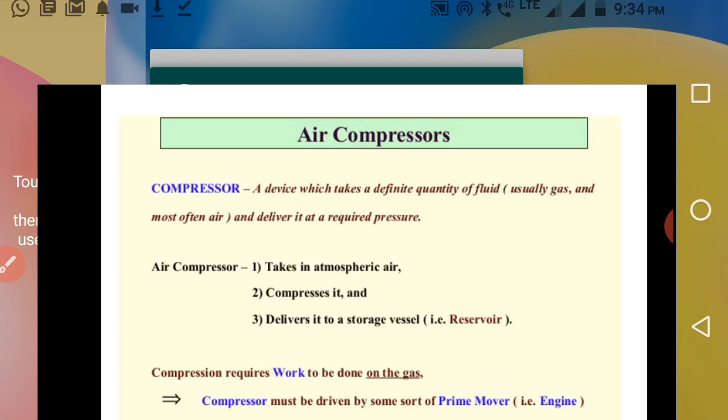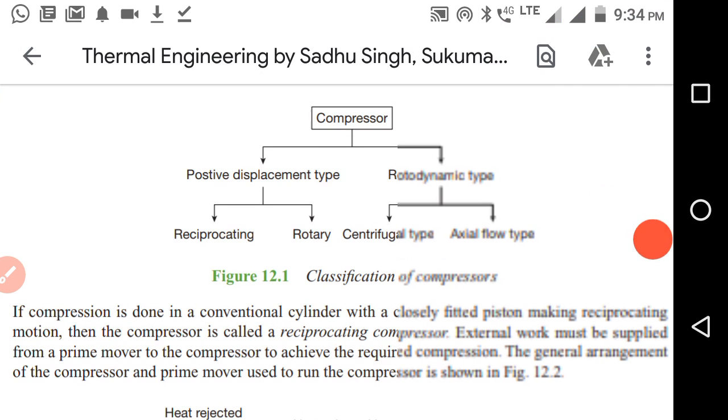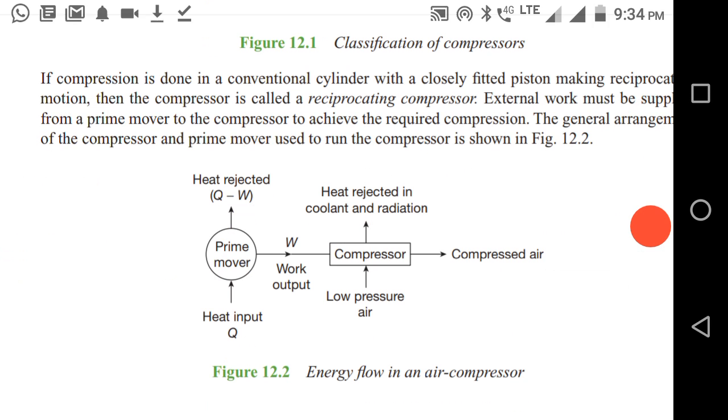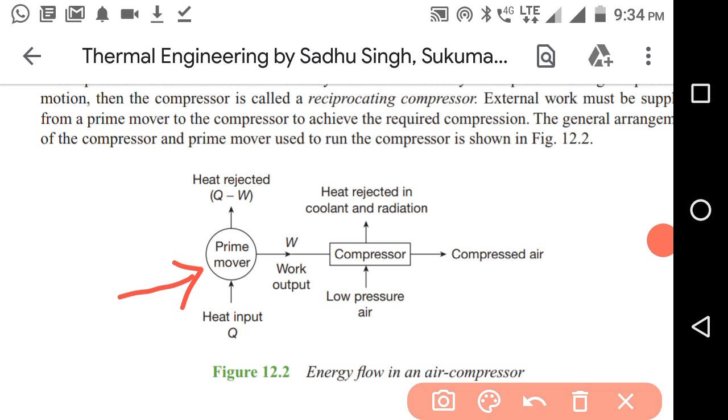If you are looking at this, this is the prime mover. To this prime mover we are adding heat, so we can say this is an engine or prime mover.